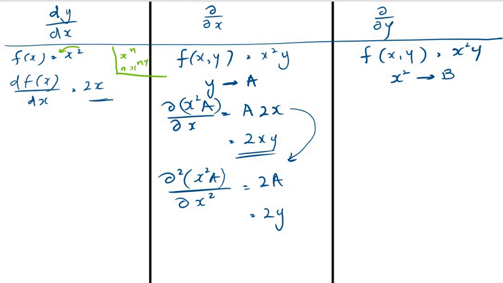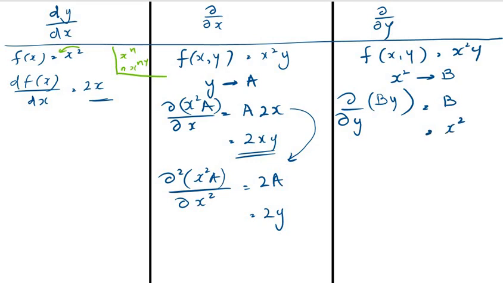So let's write it as partial derivative with respect to y. And now instead of x squared, we put b y. So if you do the differentiation with respect to y, we would get b, which is x squared.